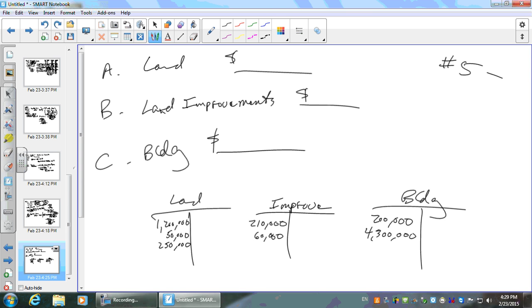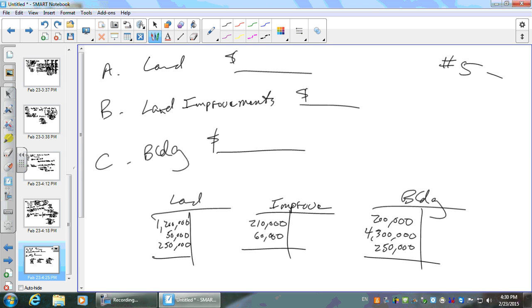How about right after you finish the building and you start using it? What do you do with the interest from then on? Expense every period, because it's a cost now of using the building and generating revenues. This building's not ready to use to generate revenues, so we're capitalizing the interest during that period. The 250 goes there. That's it. Add them up, and you've got your answers.